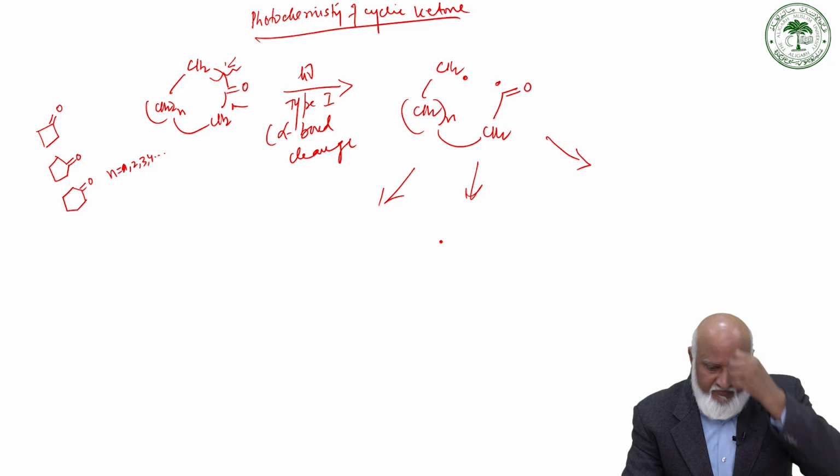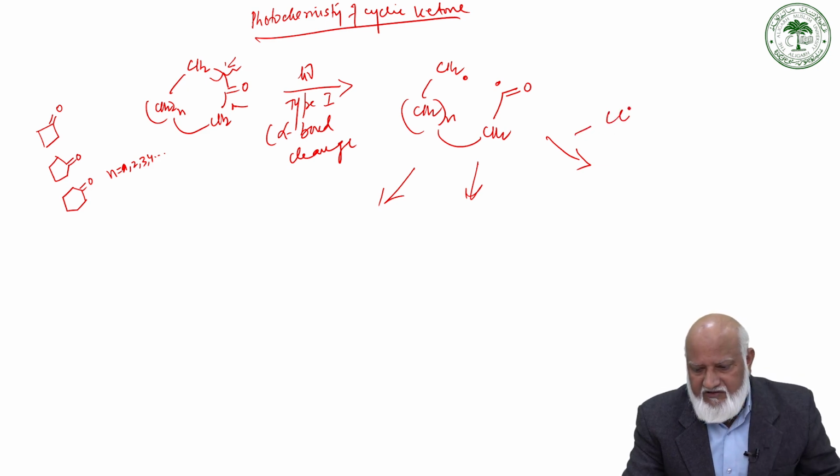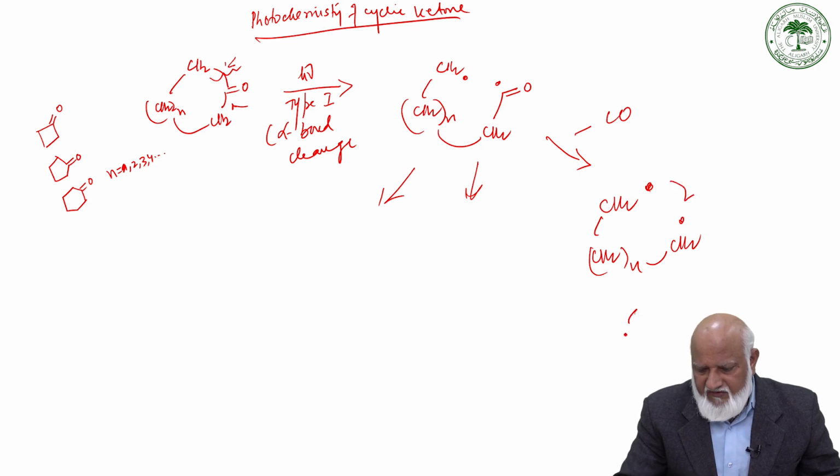This will undergo decarbonylation, losing CO, to give the diradical, and then these radicals will combine to give a cycloalkane.